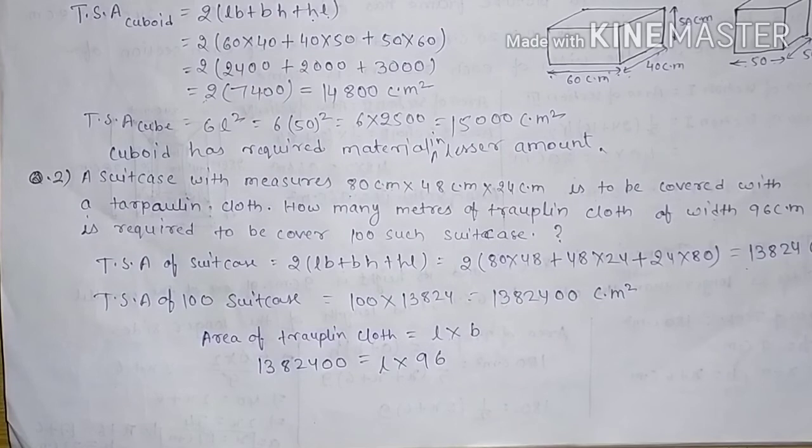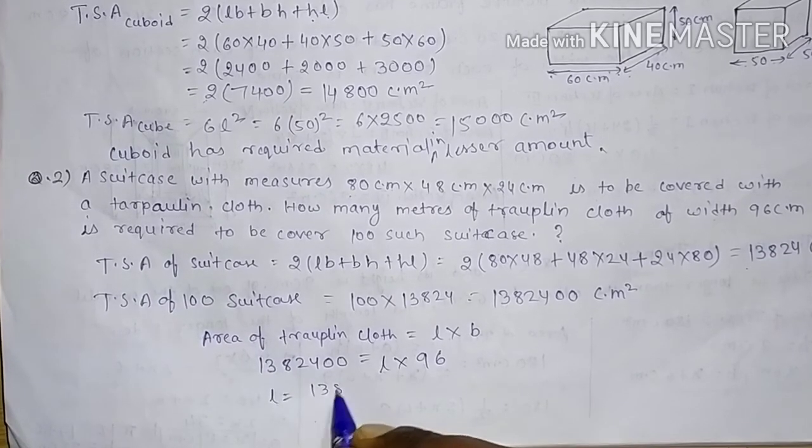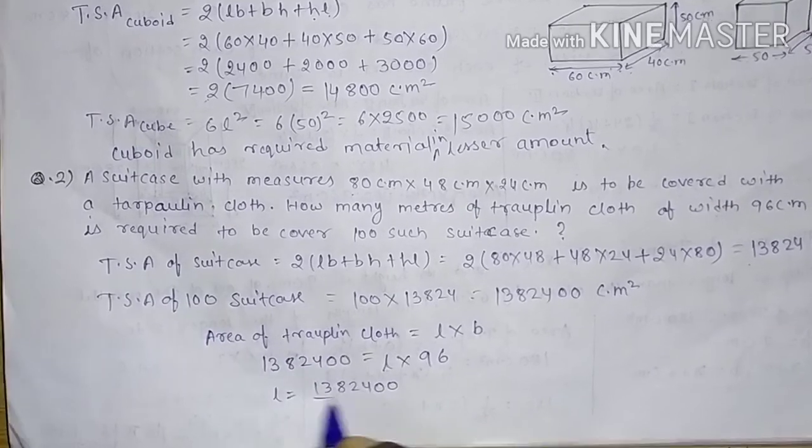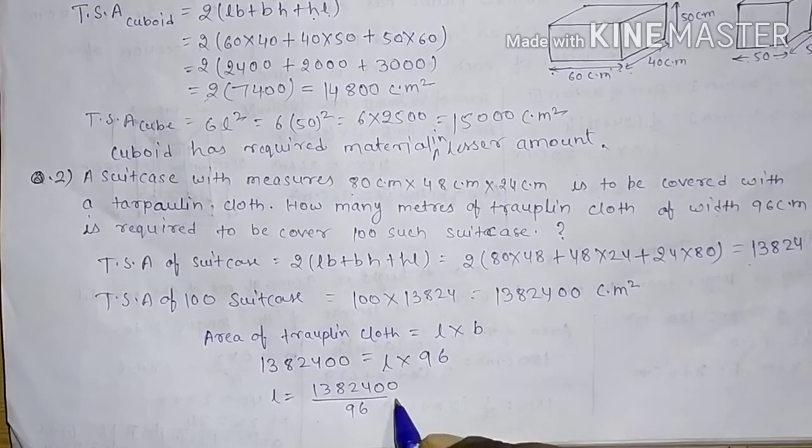So what we have to find? We have to find the length of cloth, length of total cloth which is required to cover the 100 suitcases. Okay, so here we have to find the value of L. Now L equals to 1382400 divided by 96.